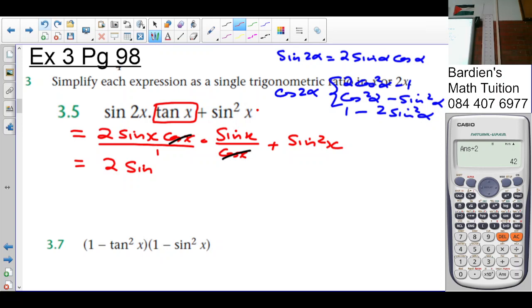And what is 2 sine x times sine x? 2 sine squared x plus sine squared x. And what is 2 sine squared x plus sine squared x? So 3 sine squared x.